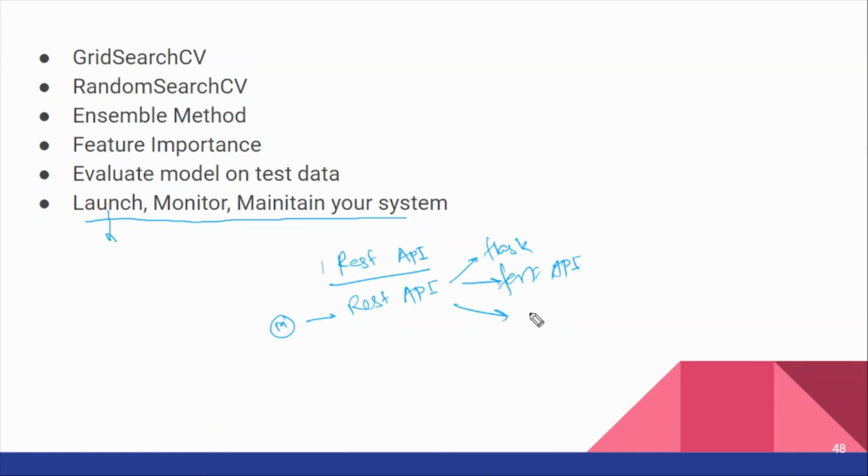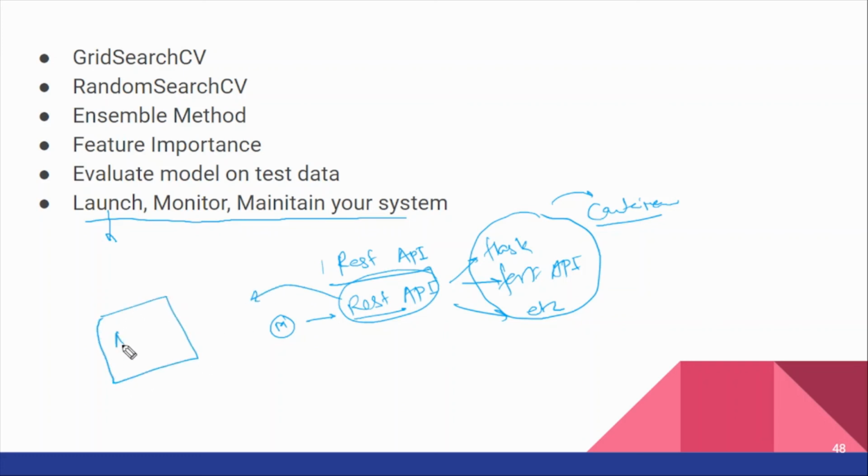There are others as well, but you can use these to generate the REST API. Then you do the containerization so that it is very easy to manage, and once you have this REST API ready, you can integrate it with your application, with whatever module of your application is using it.